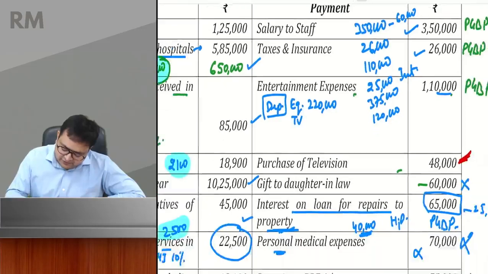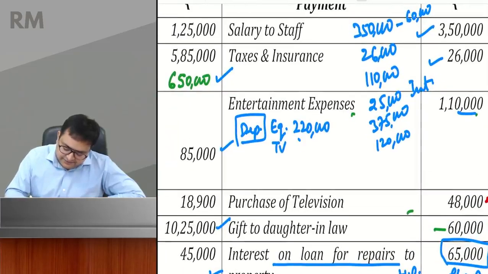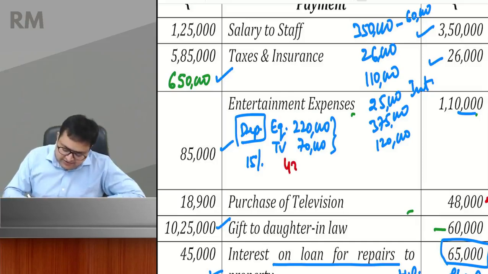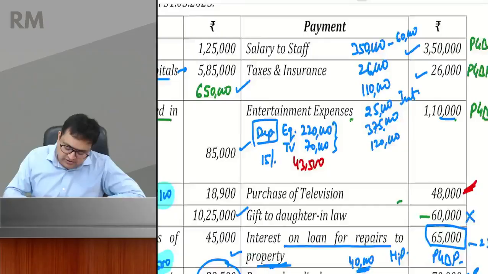TV is of 70,000. So the depreciation would be 2,20,000 plus 70,000 into 15%, which is 43,500.